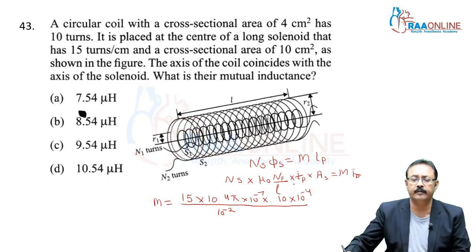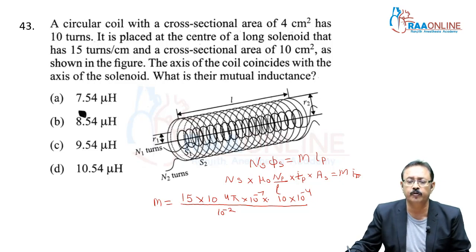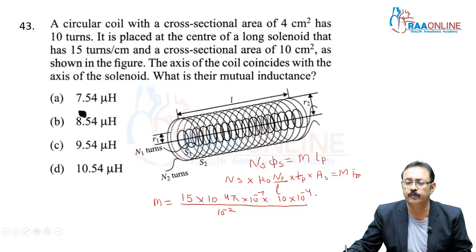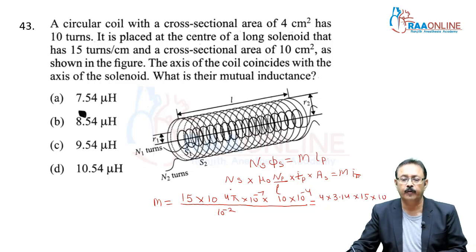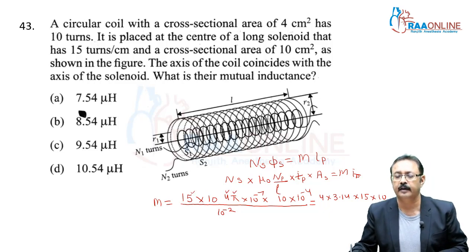So everything is there now. We have to check: all options are in microhenry, so remove minus 6 with that. Take this minus 2 in numerator. So what are we getting? 4 pi means 3.14. Number is 15 and the rest is 10 to the power. 4 we write, pi we write, 15 is there.